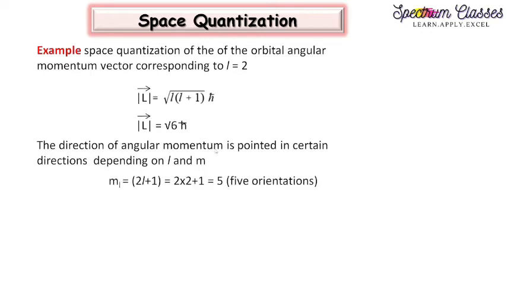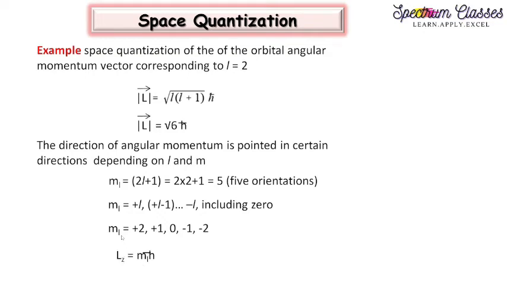So here for L equal to 2, ml is having 5 different orientations, and corresponding to these 5 we have plus L including 0 to minus L. So plus 2 to minus 2 including 0: plus 2, plus 1, 0, minus 1, minus 2 are the values for this ml.